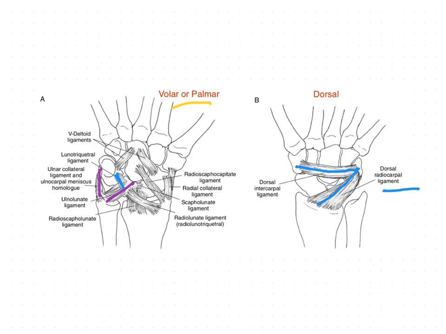The dorsal wrist ligaments become taut with wrist flexion. That means they are going to stretch in wrist flexion.